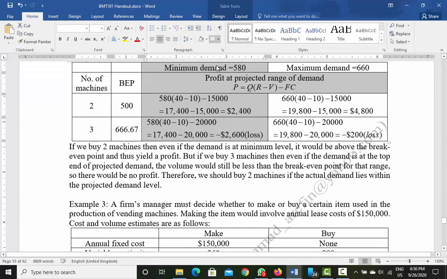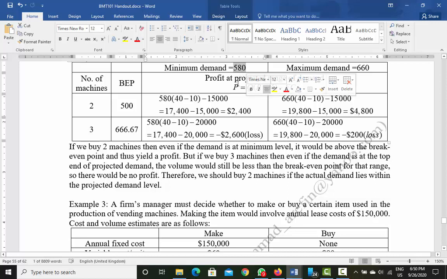If the market demand is at minimum level, that is 580, how much profit can we make? If the manager buys 2 machines and can sell 580 units, that is, Q is 580, then R minus V is 40 minus 10, minus fixed cost.